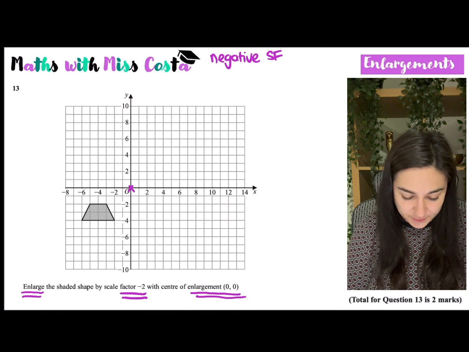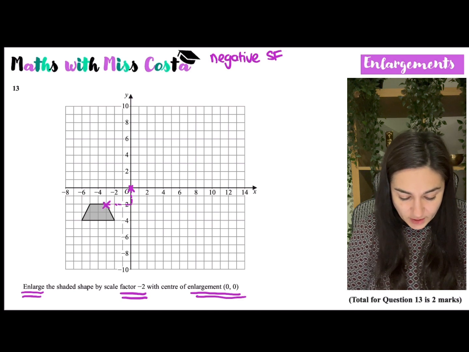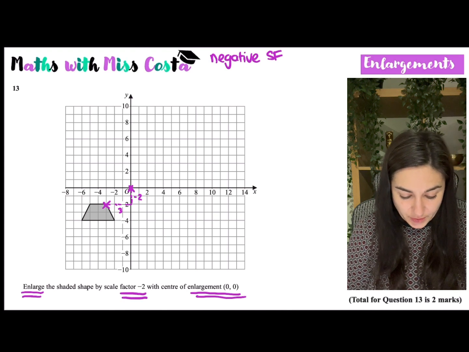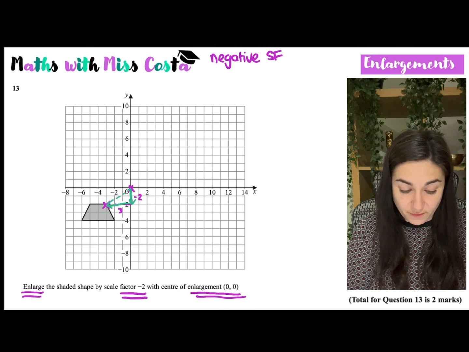So from the centre of enlargement to my first point, I have gone down 2 and across 1, 2, 3. So instead of going down and across, which is how I would get from my centre of enlargement to the shape, I'm going to do the reverse.